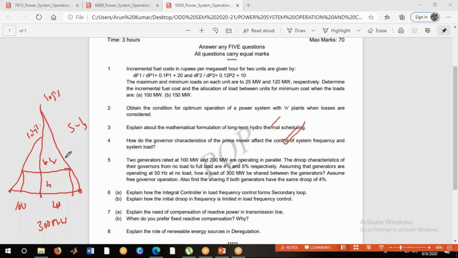So in the same way as we discussed now, do this problem like this. And the second question they asked is to also find the sharing if both generators have the same droop. So for this you will get a triangle like this. Here 4. Okay now. So solve this problem and send me the answer.